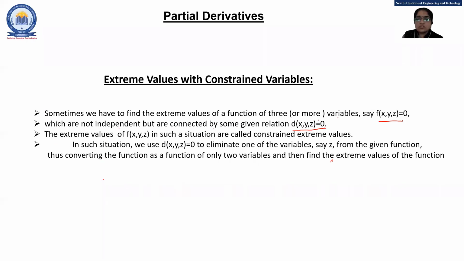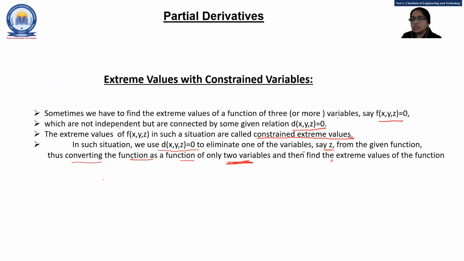The extreme values of these functions in such situations are called constrained extreme values. In such situations, we use this equation to eliminate one of the variables, say z, from the given function, thus converting it into a function of two variables, and then find the extreme values.